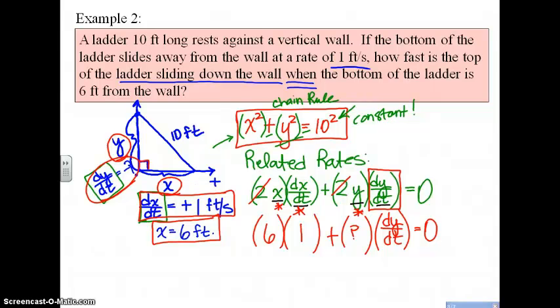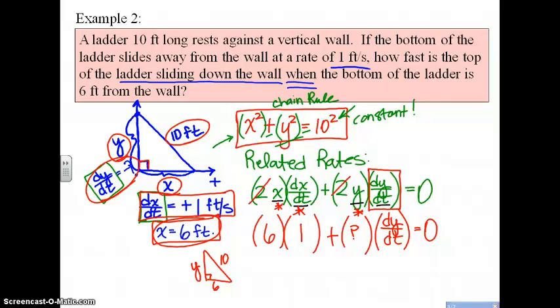How can I find out what y is when x is 6 and my ladder is 10 foot? Well, that's the Pythagorean theorem. If I'm in a right triangle and I know 2 side lengths to that triangle, I can find the third side length. So that's what I'm going to do.